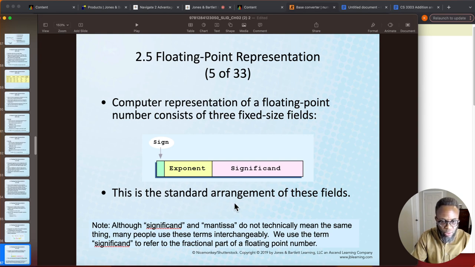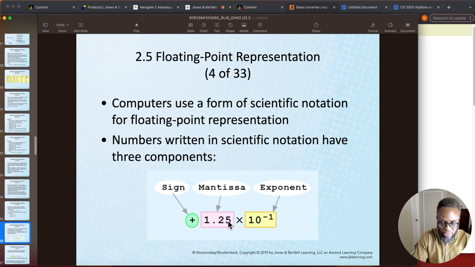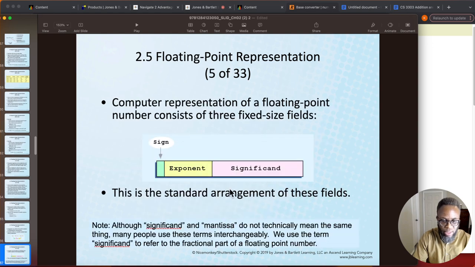The sign is stored in the most significant bit. The exponent, which is 10 to the negative 1 in the prior example, is captured here. And the significand captures the mantissa. So this captures the sign, this captures the exponent, and this captures the significand.